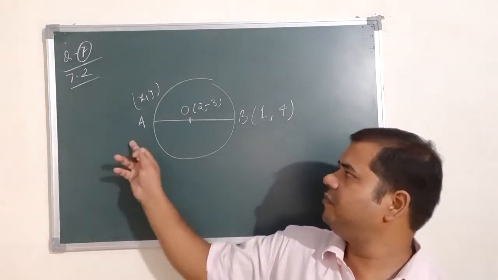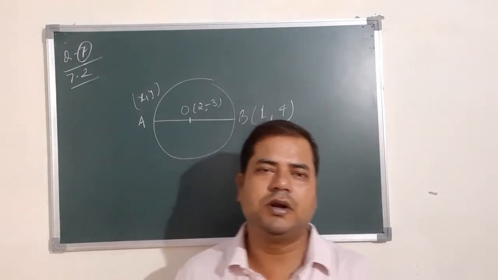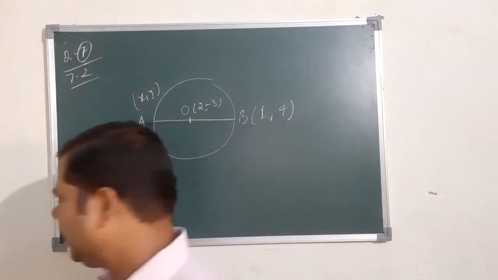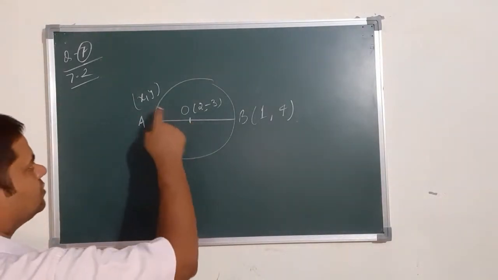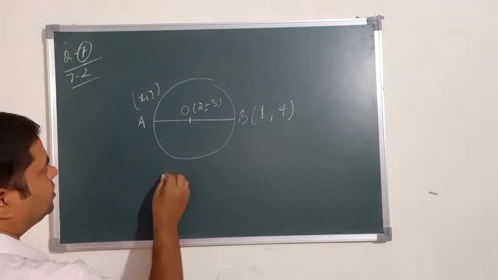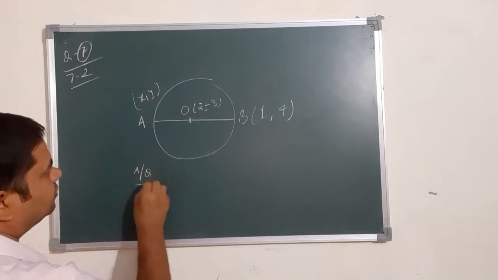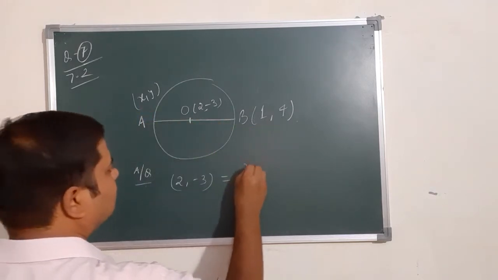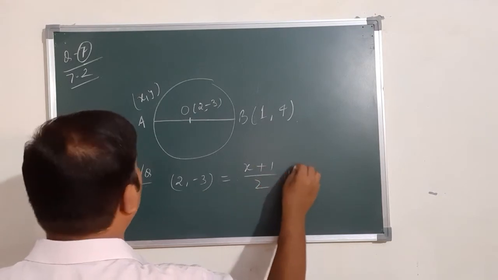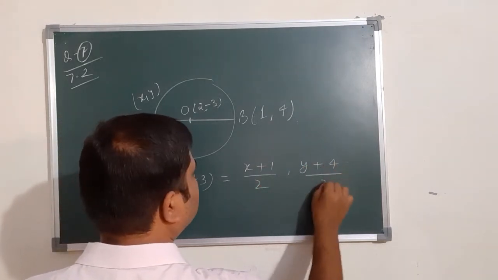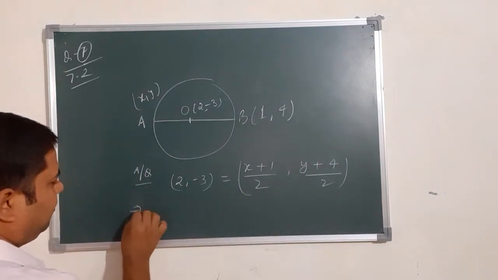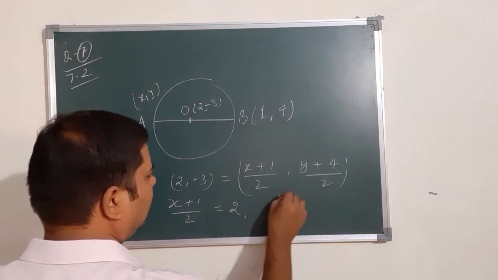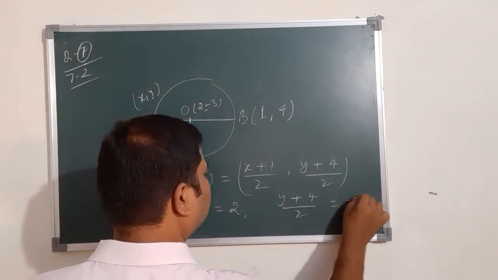As you know, if AB is a diameter, then the center O is the midpoint of A and B. So according to the question, (2, -3) is the midpoint, which is ((x + 1)/2, (y + 4)/2). On comparing, we get (x + 1)/2 = 2 and (y + 4)/2 = -3.